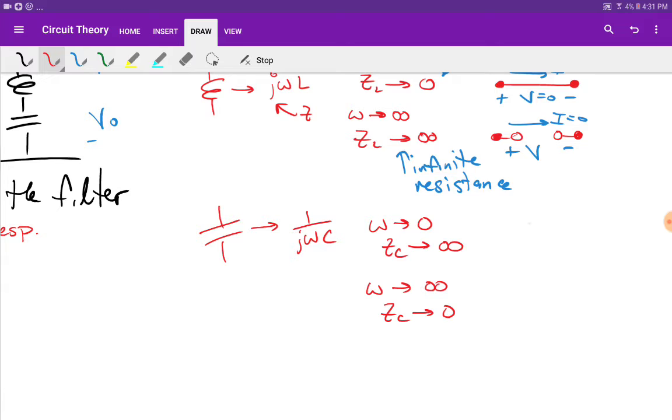And so what this is saying is when the frequencies are low, the capacitor acts like an open circuit. And it makes sense conceptually if you look at it from another point of view as well. I'm just not going into it, but think about how a capacitor would charge and discharge.